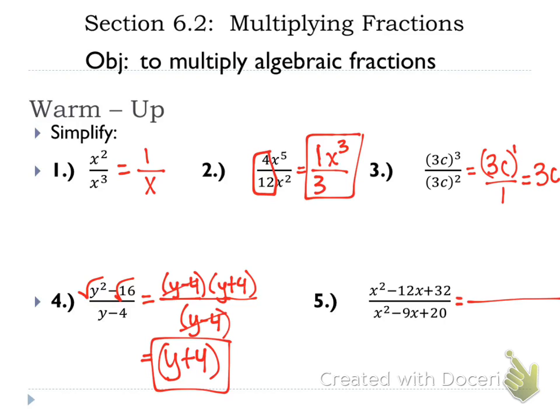On number 5, what is my first step going to be? Ryan? Factor the method. Factor both the top and the bottom with the x method. What goes on the top of my x for the numerator? What about the bottom? What numbers are going to fill in my x? -8 and what? -4.